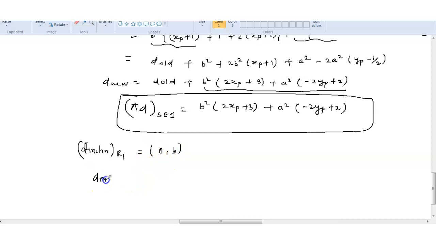So d initial will become, you put 0, so 0 plus 1 becomes 1, and this b minus half. So we get b² plus a²(1/4 − b). So this will be the initial condition in the region R1.